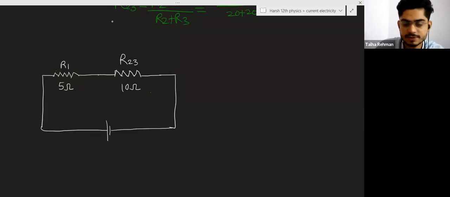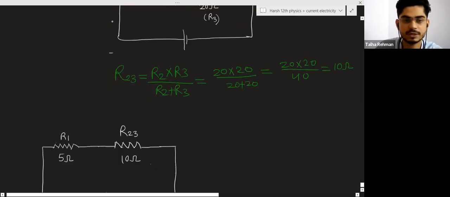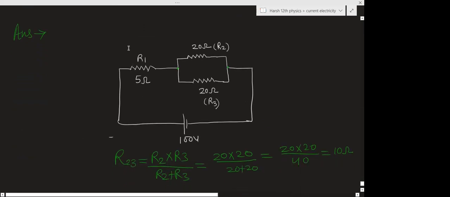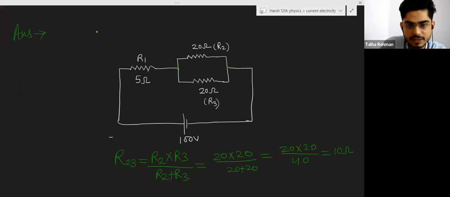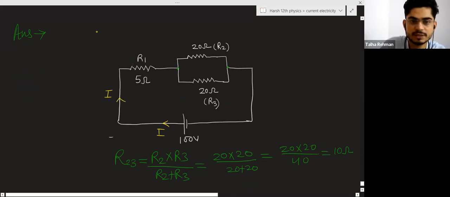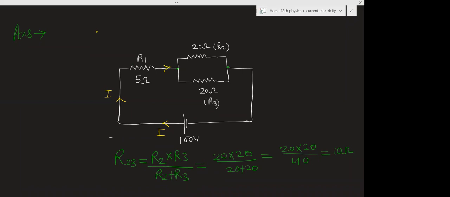Now a battery of 100 volt is also connected to the circuit. Here the 100 volt battery is connected. From this circuit we can say the current is flowing like this, and from here the current will divide.